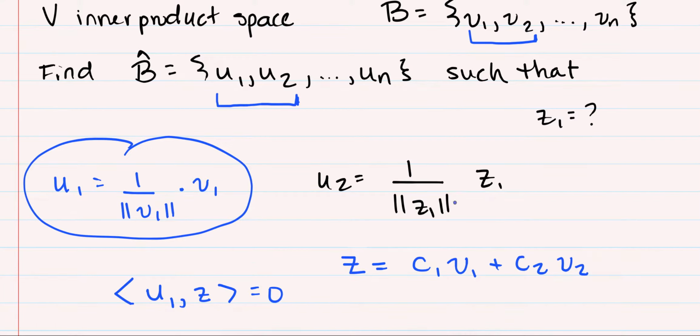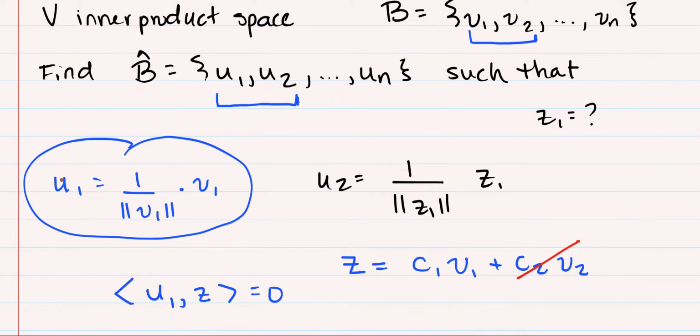First thing to notice is that this C2 here cannot equal 0. The reason for that is if it was equal to 0, then this would go away because I'd have 0 times a vector, which is the 0 vector, and then I'd have Z is linearly dependent on V1. And I'm trying to come up with a basis, U1, U2, and so on, and remember that a basis is not linearly dependent.